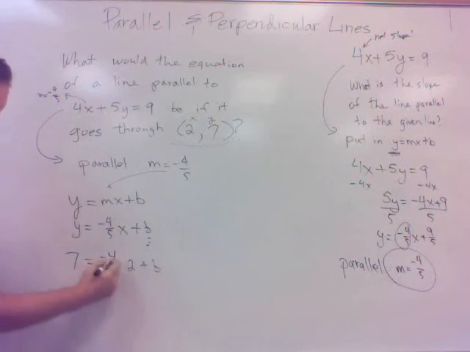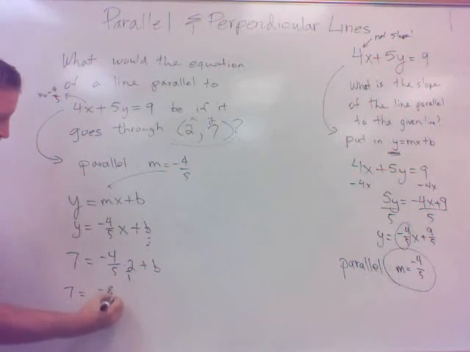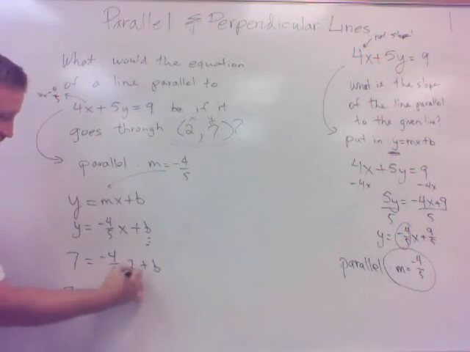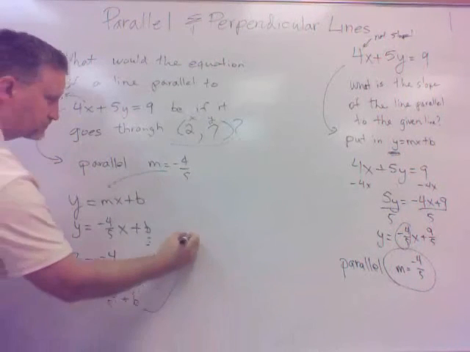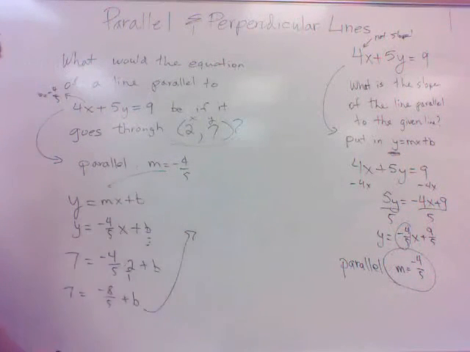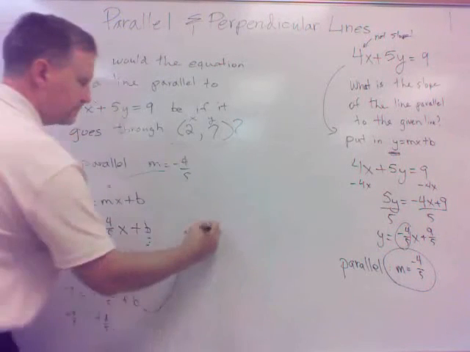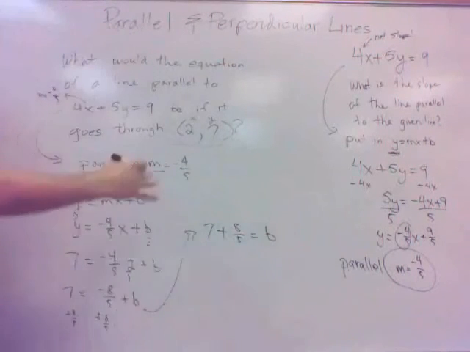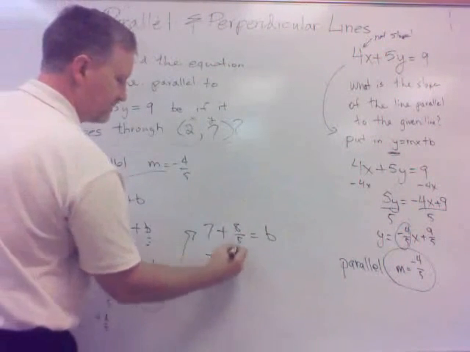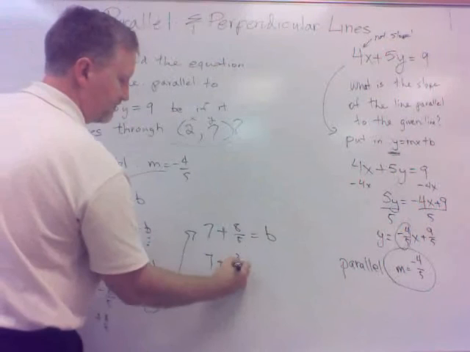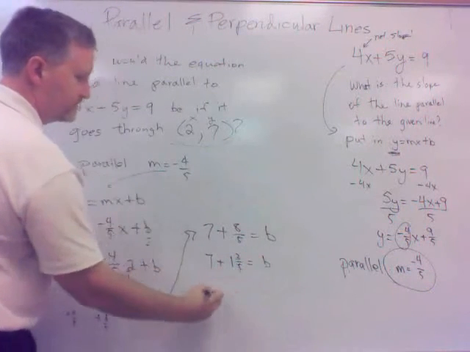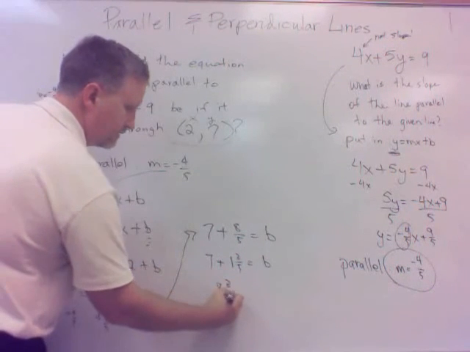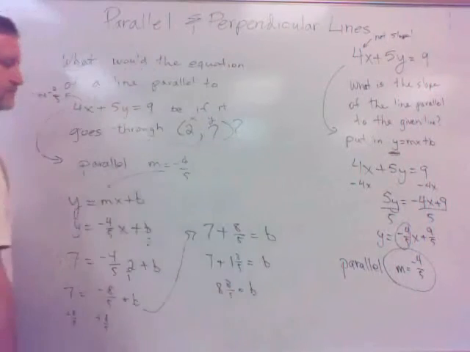See, that's 2 over 1, so that would be negative 8 over 5. Multiply the tops, multiply the bottoms. And so then, just add the 8/5. So it would be 7 plus 8/5 is my b. However you want there, one way to look at it is 1 3/5 is 8/5, so that'd be 8 3/5 is b.